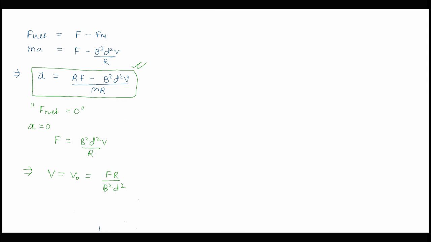So I can say that acceleration a can be written as dv by dt, and we can equate it with (RF minus B squared d squared v) upon mR. So from here we write dv upon (RF minus B squared d squared v) is equal to dt upon mR. So now we integrate both sides.